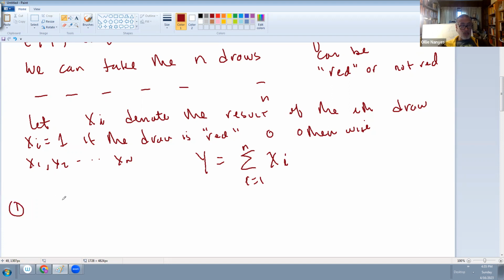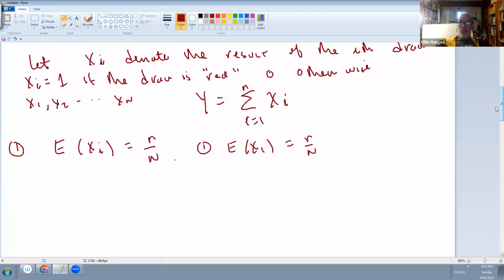So the first result we'd like to show is that the expectation of each xi is going to be intuitive, it's r over N. First of all, the expectation of x1 is going to be r over N. That's pretty simple. And I'm going to do this inductively.